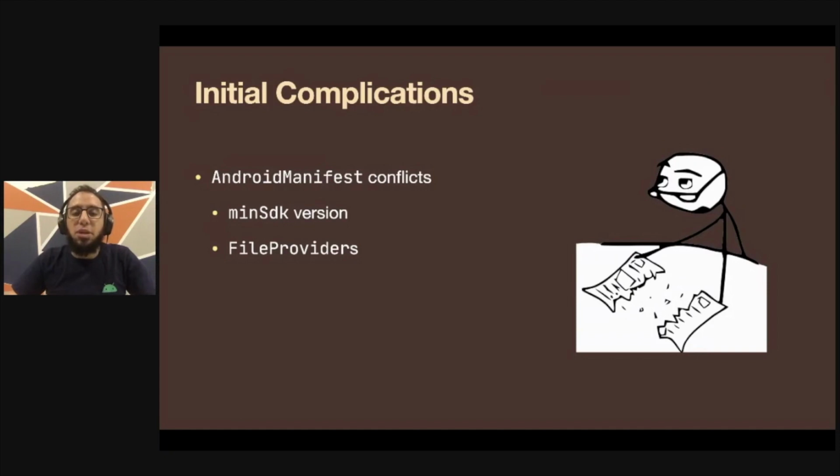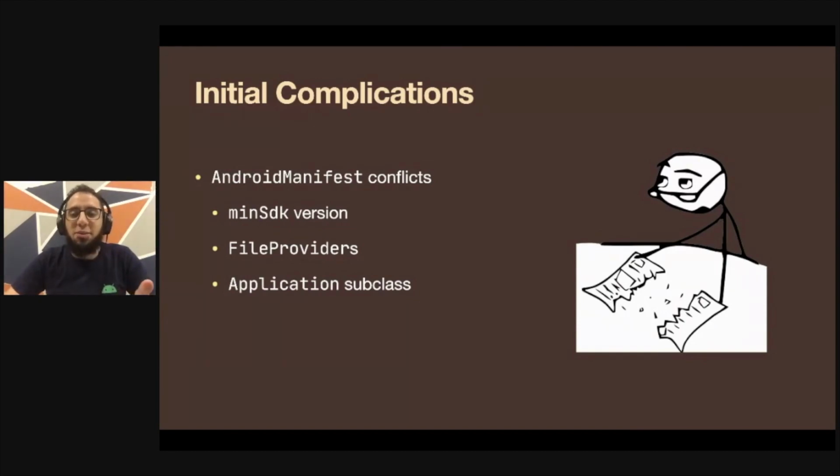Another was conflicts in things like file providers, right? The AndroidX file providers are declared and used both by food and by ride-hailing, and so there's a conflict there. And then the application subclass. Food says I have my own application, and ride-hailing says I have my own application.